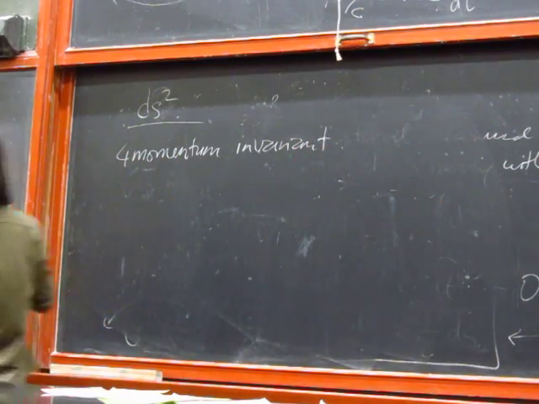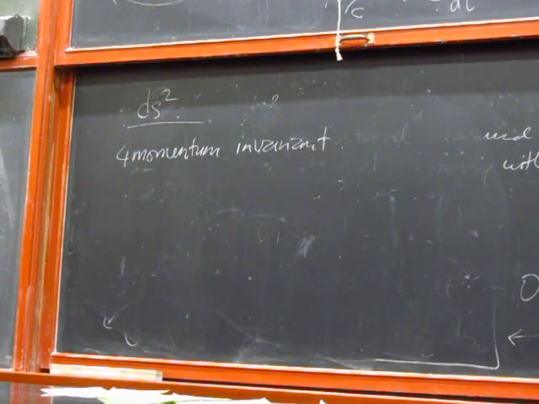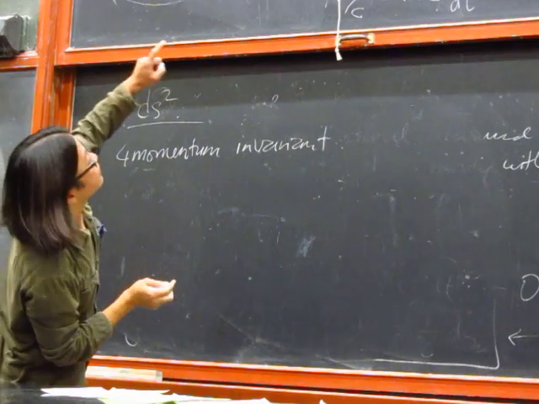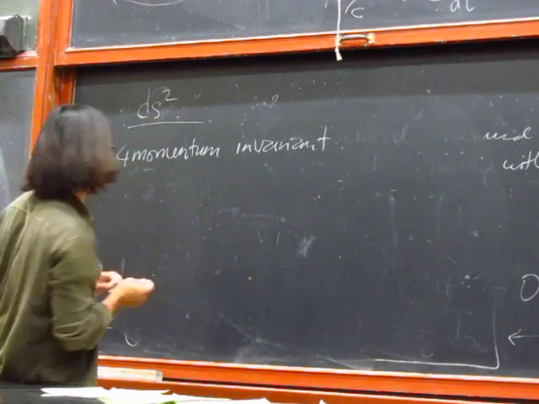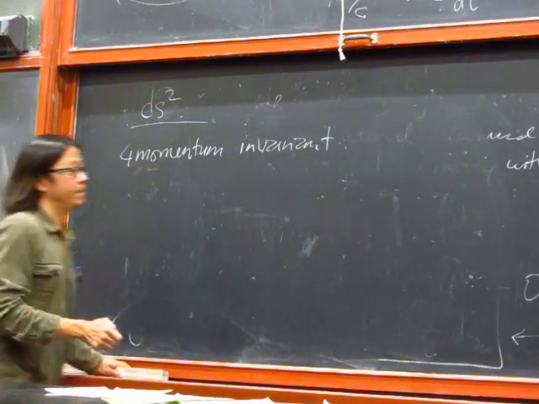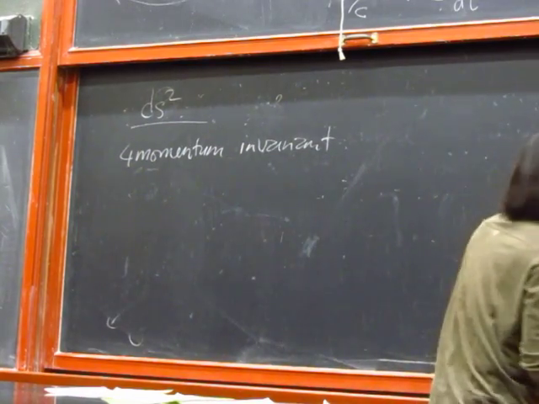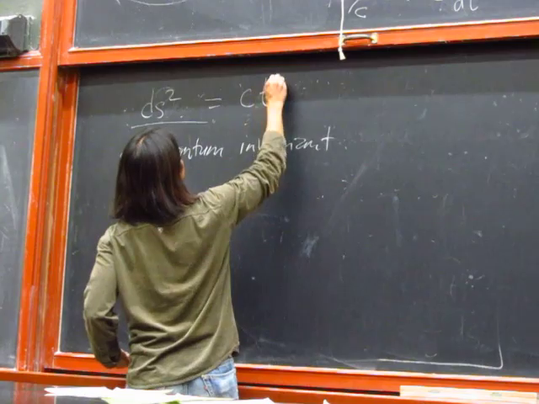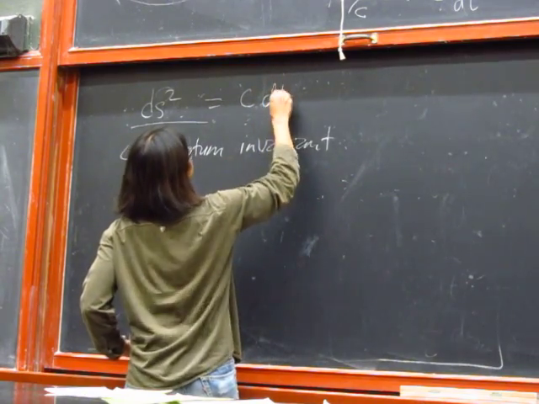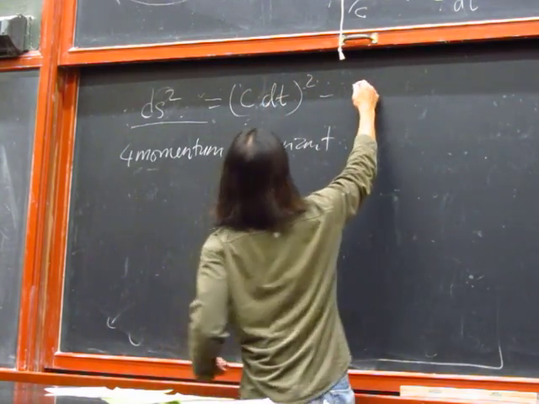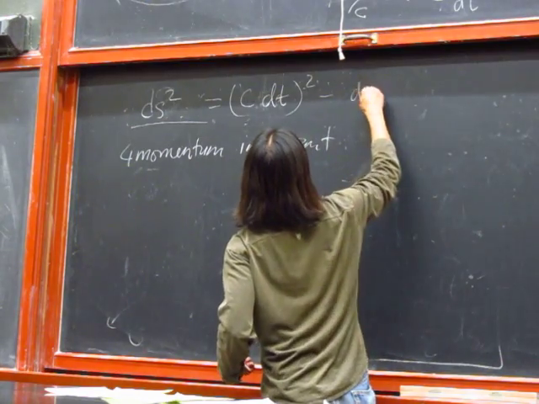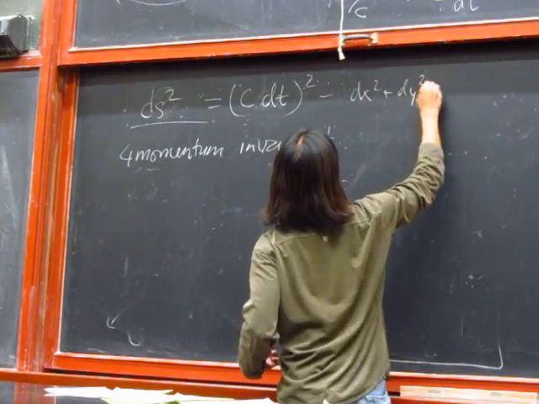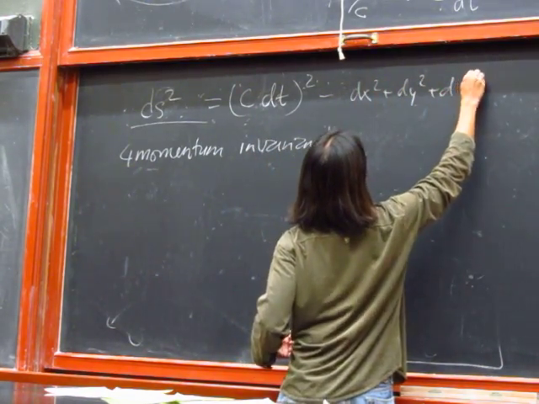In this case, if you look at this, E over c plays the role of time, and p plays the role of x, right? If you recall, ds squared is just (c dt) squared minus dx squared plus dy squared plus dz squared.